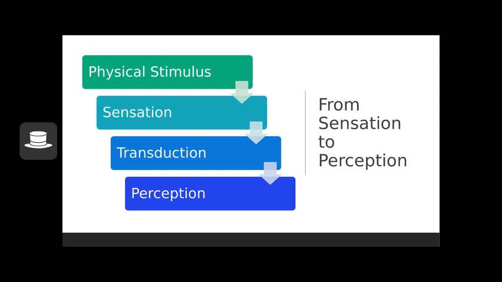That vibration hits your eardrum at some point, and by stimulating the eardrum, it stimulates little vibrating cilia, which will then create a transduced, biochemical signal. So the vibration becomes a signal that is sent to your brain, and then your brain interprets that information. So all of our senses work through the same four processes, but depending on which sense we're talking about, the actual physical stimulus is going to vary.